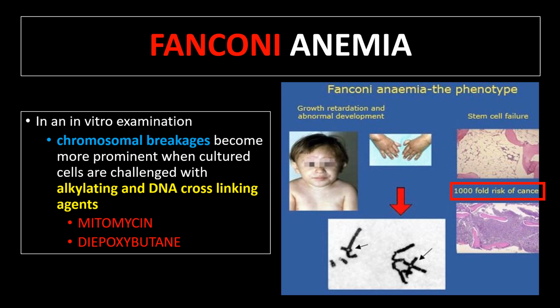In vitro examination of the specimen from a Fanconi anemia patient shows chromosomal breakages, as we mentioned a while ago, which may become more prominent when cultured cells are challenged with alkylating agents and DNA cross-linking agents such as mitomycin and diepoxybutane. So these agents are used if we are testing for the chromosomal breakages. We mentioned a while ago that patients having Fanconi anemia will have growth retardation and delays in their development.